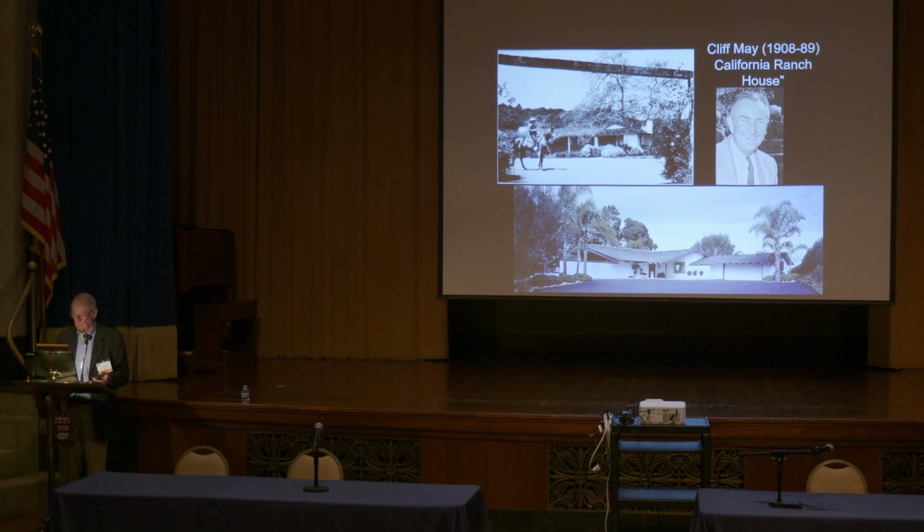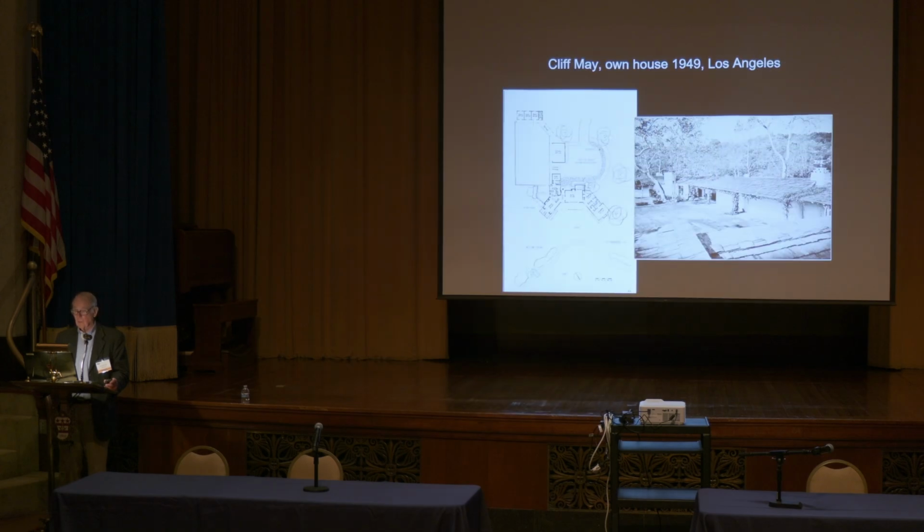and becomes very, very popular. And apparently he was an extremely charming individual. I never was able to meet him, but I've met several people that did know him and said that, as you can see with that smile there, he knew how to persuade you to do what he wanted. So anyway, this is his house in Los Angeles, which is a little bit unusual for the ranch houses in the sense that it is a V-shaped plan with the central section and the two wings that come off.